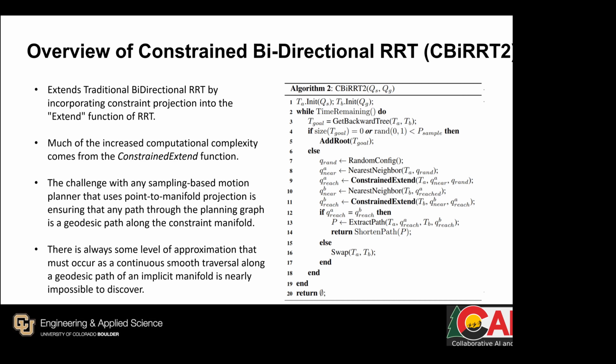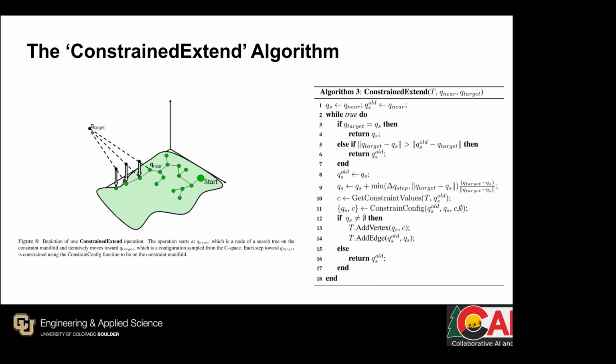Tying into the constrained extend function, this is very similar to the paper presented by Mike Stilman. Essentially, you have this Q near, you extend towards some arbitrary random target by a certain Q step size, and then you project back down. You repeatedly do this, and as you see, it slowly builds a geodesic extension off your current tree. I won't go into the details, but there are some tricky terminating criteria to make sure you're not extending forever.